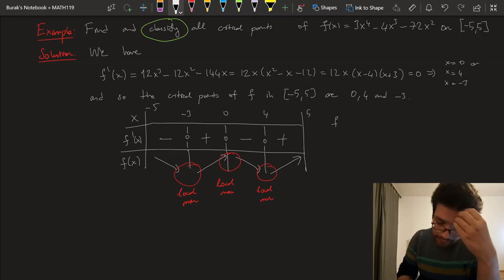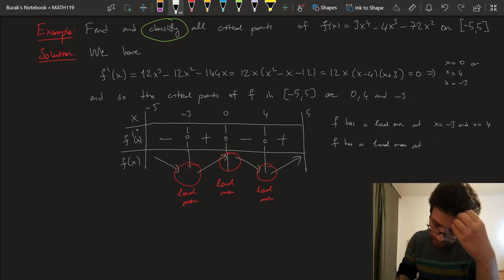So f has a local minimum at x equals -3 and x equals 4, and f has a local maximum at x equals 0.